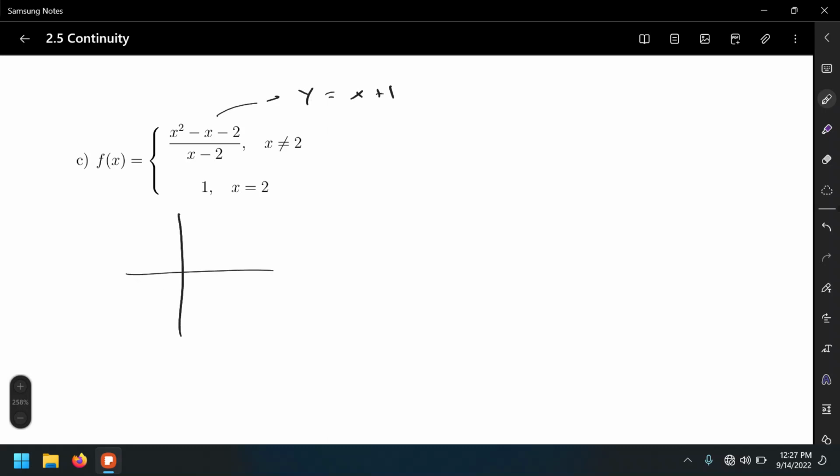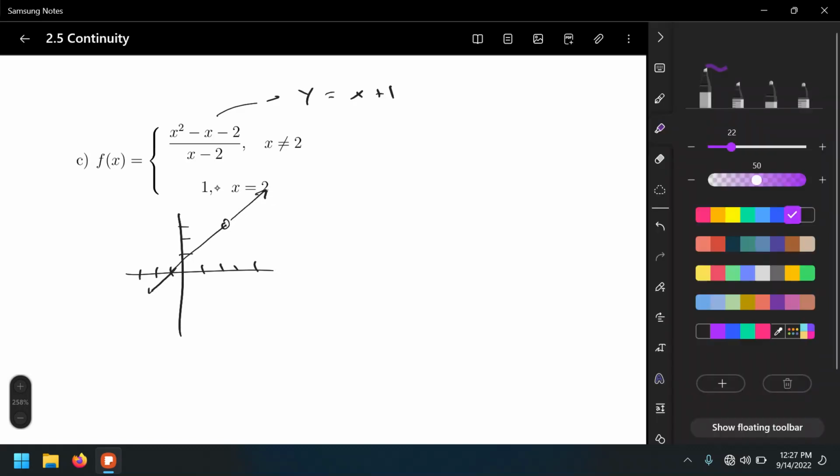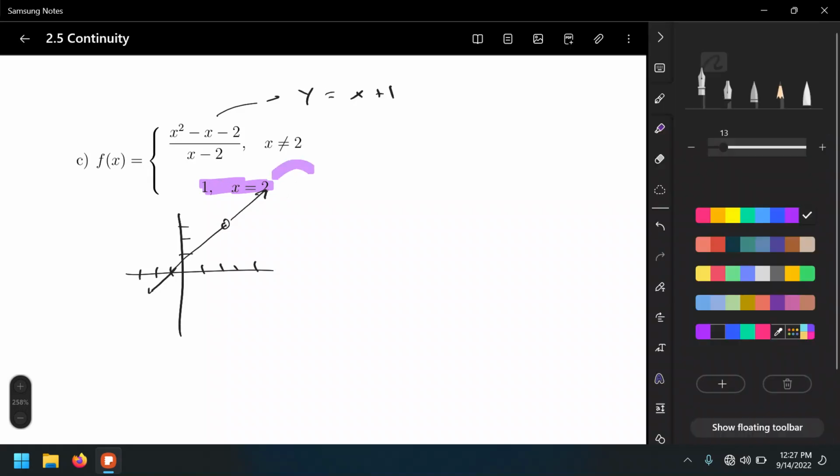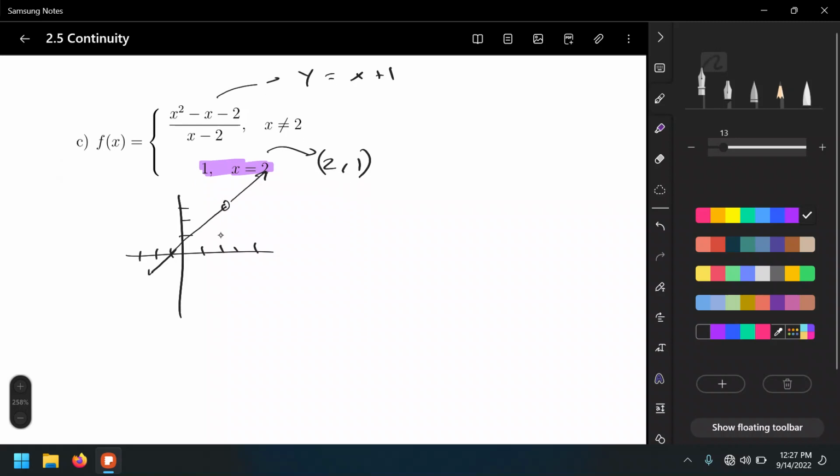And we got that hole over here. But also, we have more information that we didn't have before. We have this 1 whenever x equals 2. That means exactly the point (2, 1). Okay, let's draw the point (2, 1).